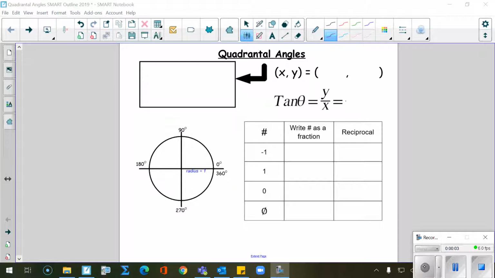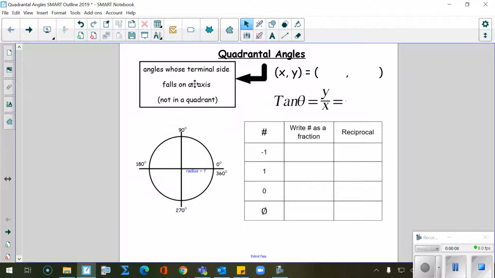Today we're going to talk about quadrantal angles. Those are angles whose terminal side fall on an axis rather than inside of a quadrant. I have the degree measures already labeled on my circle with radius 1.